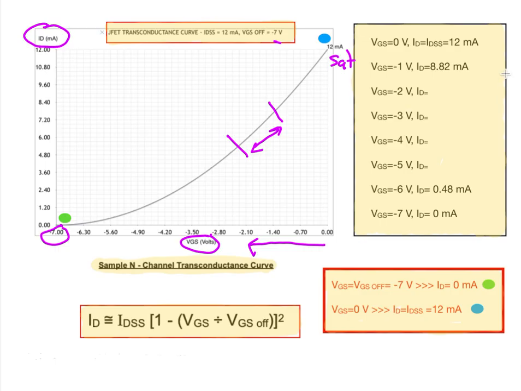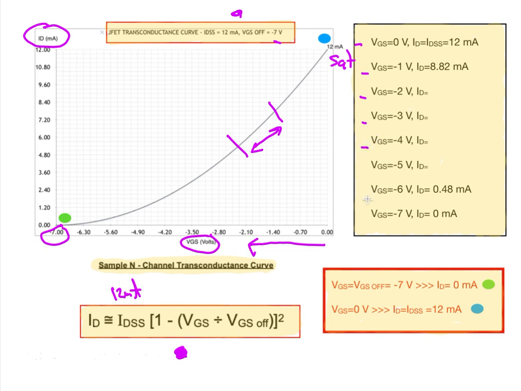Okay. So to plot this out, I just used these parameters and this equation. I would have used 12 milliamps there. For VGS, I started at 0, 1, 2, 3.